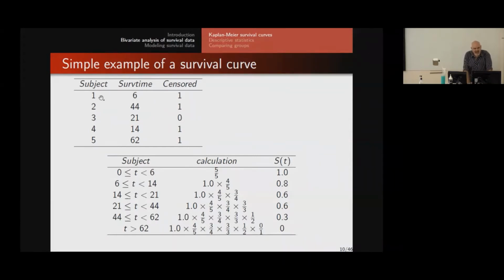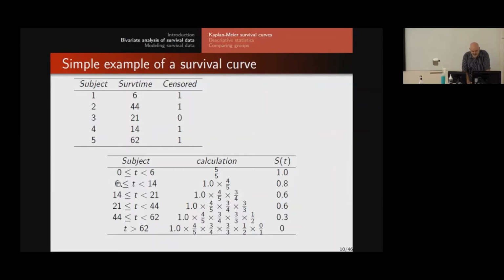Okay, so we see our first patient to die is patient 1, and they died on day 6. So what this really means is from day 1 to 6, 5 out of the 5 patients survived. So the probability of surviving up to but not including day 6 is 100%. There it is, okay? Now we then see a patient dies on day 6 and the next patient does not die until day 14.